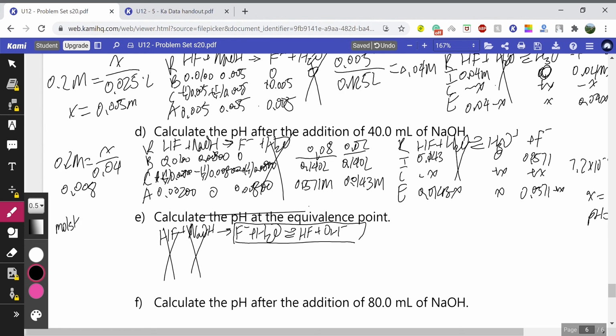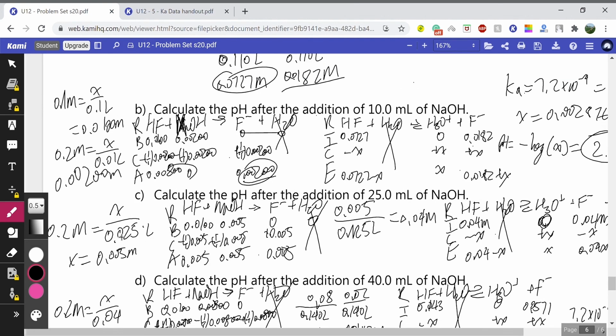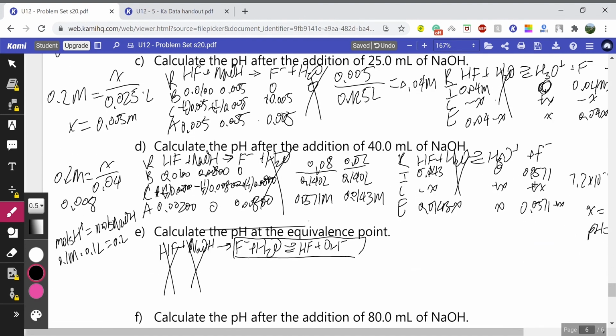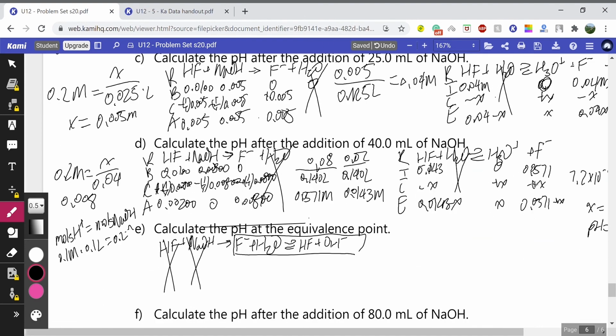Moles of H plus equals moles of NaOH. The HF is given as 0.1 molar times 0.1 liters, and the NaOH is given as 0.2 molar from up there. So 0.1 times 0.1 equals 0.2 times x liters.